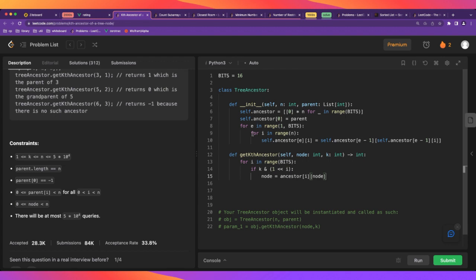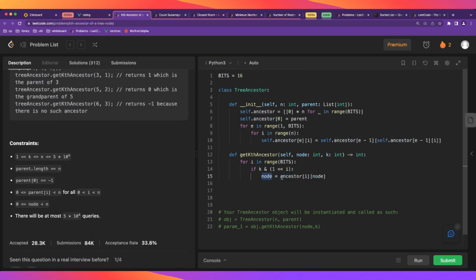So here, this means that k is composed of the ith power of 2. So that means that we want to make a jump that is 2 to the I, and that is from the current node. So that is what our table gives us.